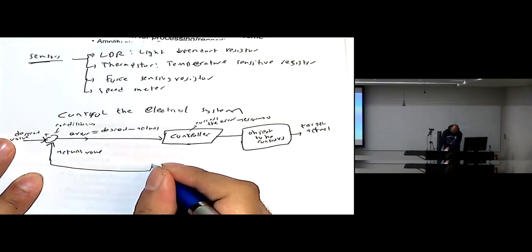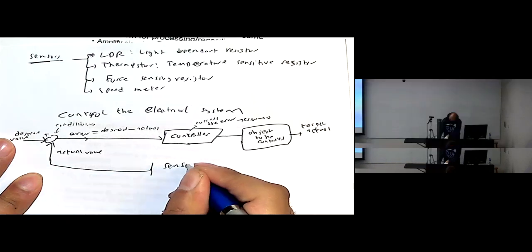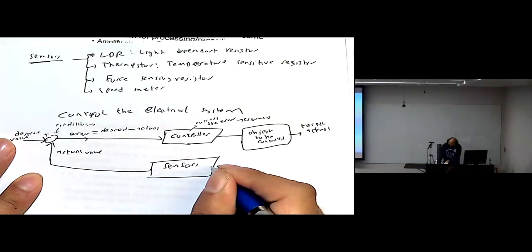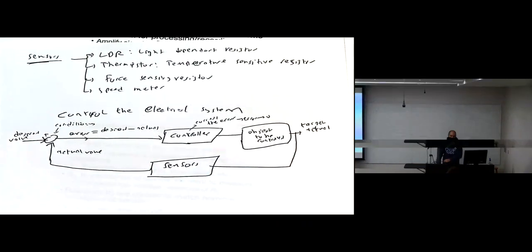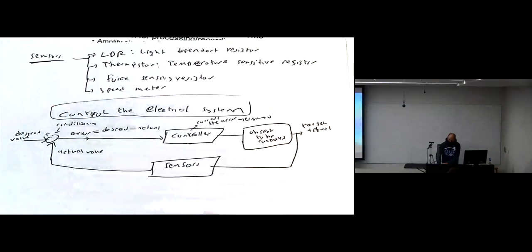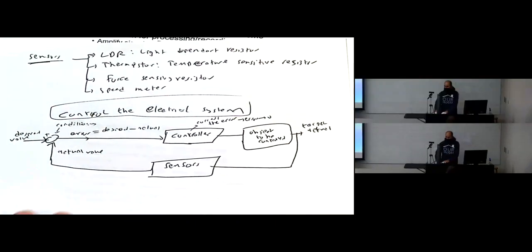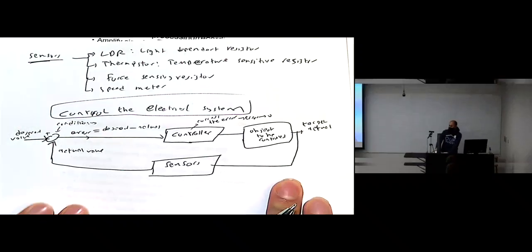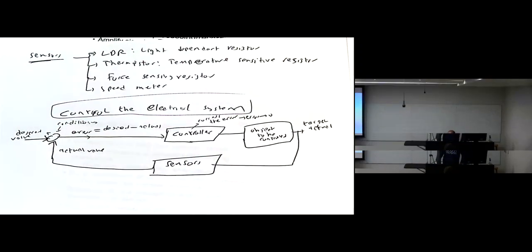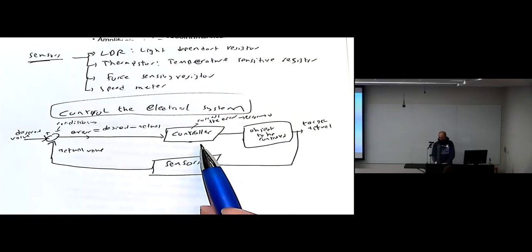By using sensors. So this is the control system in general, the fundamentals of that. But we see some words that we may not understand, like object to be controlled, controller, sensors, desired, actual.